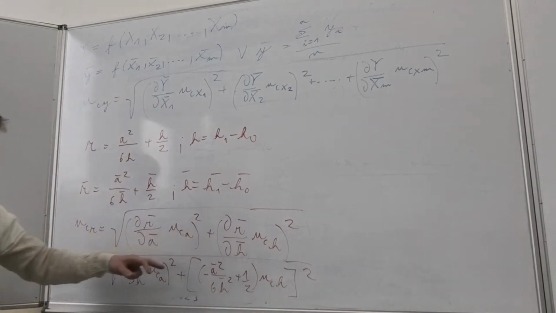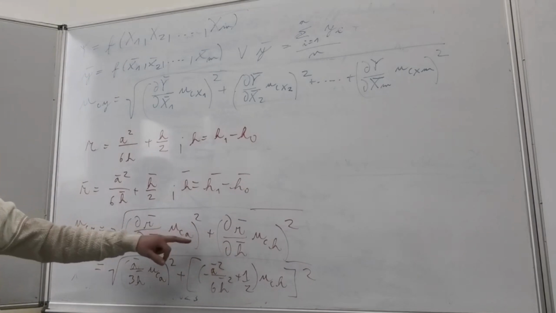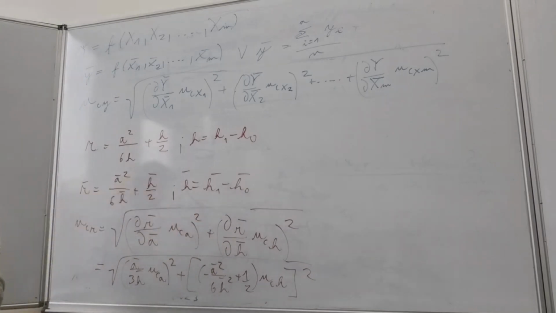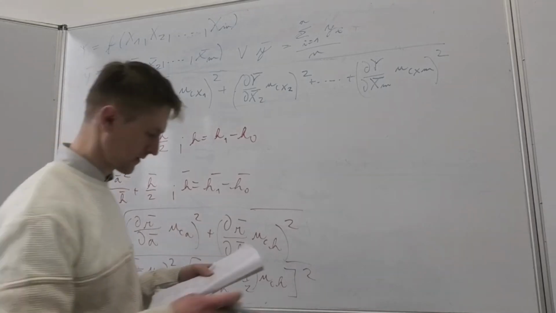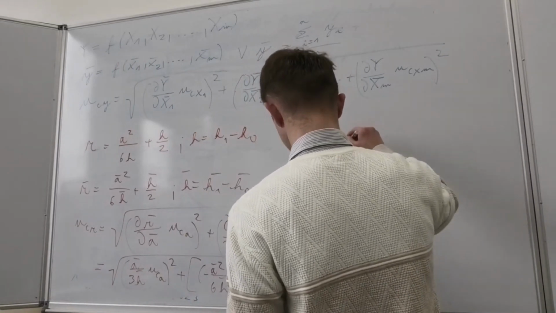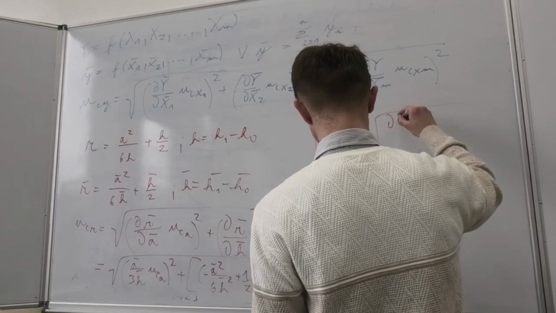I could have just substituted the expression h0 minus h1 for h, but it's probably clearer this way. But if I leave h in the relation for the absolute combined standard uncertainty, I have to calculate it for h separately, because h is also an indirectly measured quantity, and it is calculated using h1 and h0.